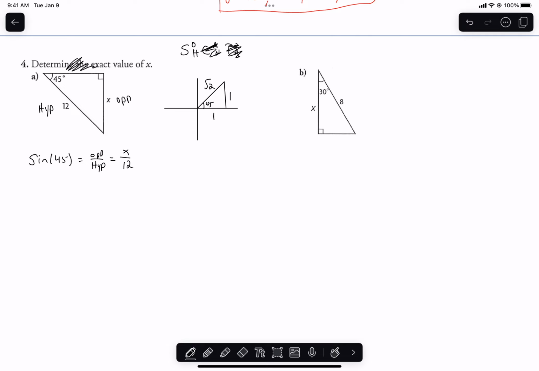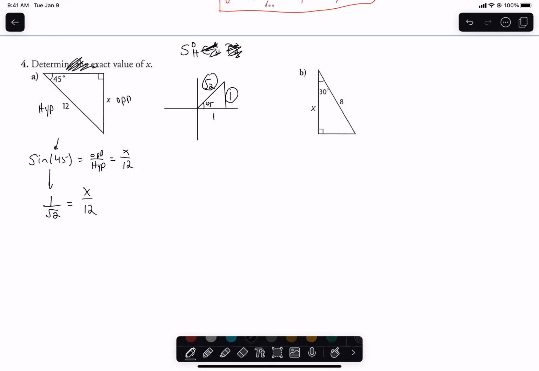So I also know that the sine of 45 is going to be 1 over root 2, right? So I could replace the sine of 45 with 1 over root 2. It has to be equal to what I'm seeing on that triangle, x by 12.